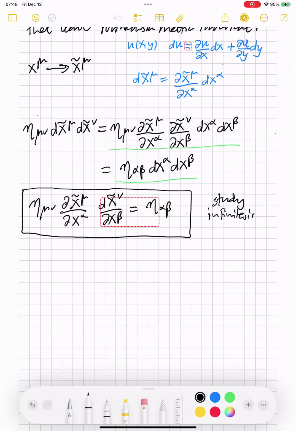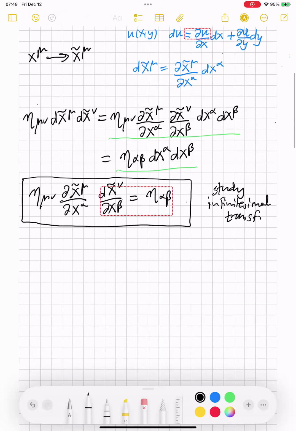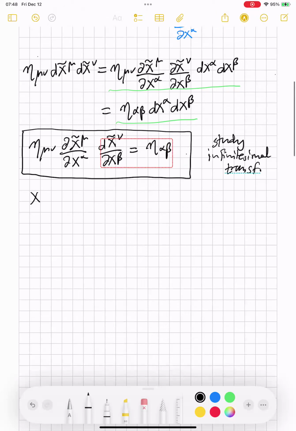Concretely here, how do we study an infinitesimal transformation? Well, we say, let's imagine that x tilde^mu is equal to x^mu plus zeta^mu. That's certainly a coordinate change. But the other thing that we're going to say is that this zeta^mu, this last term, is what is infinitesimal.